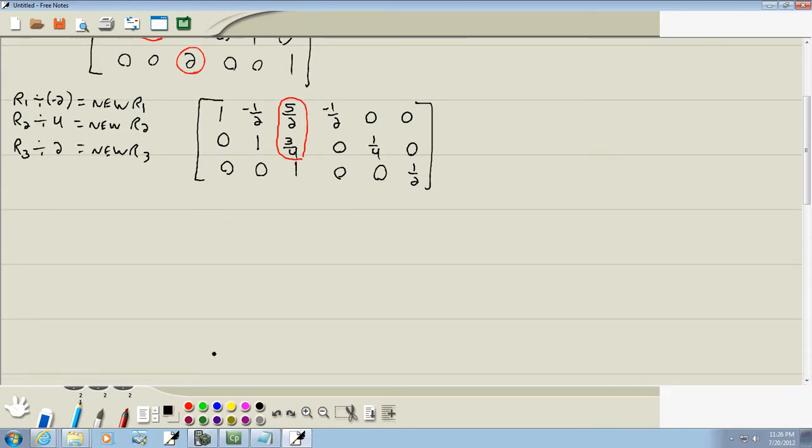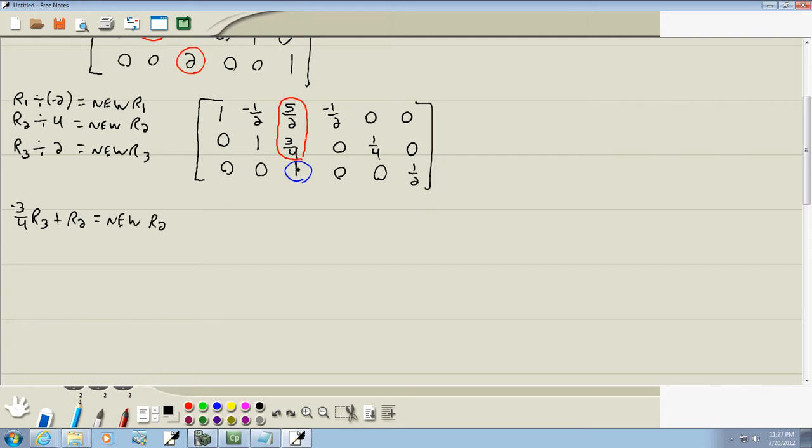Well, I take a look at this entry right down below it, the 1, and you ask yourself, what do you multiply times that 1 that you can then add to these to give you 0 here? Well, if I multiply this by negative 3/4, that'd give me negative 3/4, and adding it here would give me 0 there. So we're going to take negative 3/4 times row 3 and add that to row 2, and that's going to give us our new row 2.